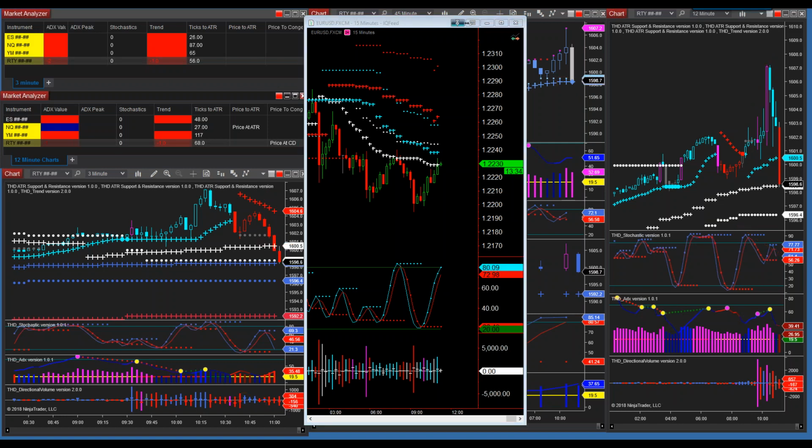And this is the same pattern that we're seeing over and over and over again, regardless of whether you're on forex or futures or even stocks. It's going to be the same thing.